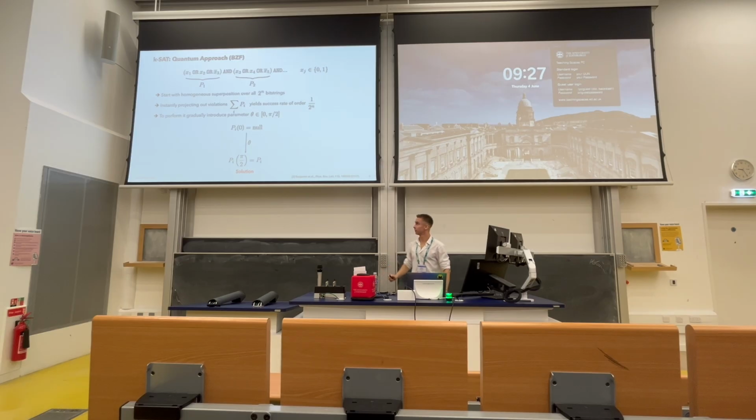That's it. However, if you use this straightforward manner, you get a probability amplitude in the output that scales badly, because there is only, say, one or constant solutions and 2 to the power n possibilities. So you really need to project out violations slowly, gradually, progressively.